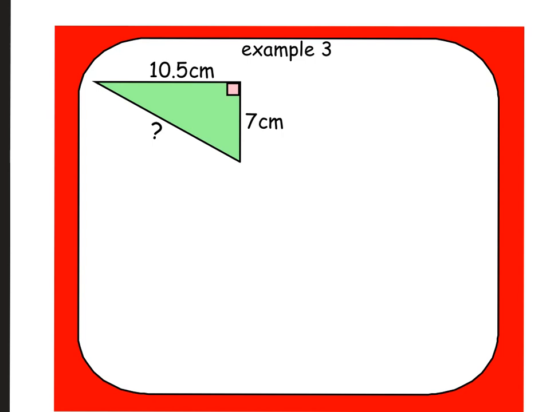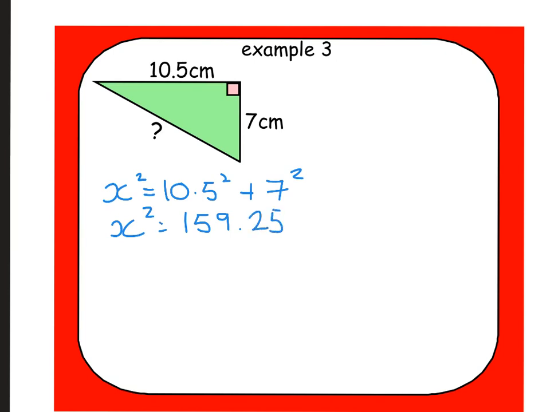Third example, let's look at this one. So our unknown side, X squared equals, take your other 2 sides and square them and add them. So 10.5 squared plus 7 squared. X squared equals, go straight to your calculator and work that out, which I'm doing just now. Which gives us 159.25.